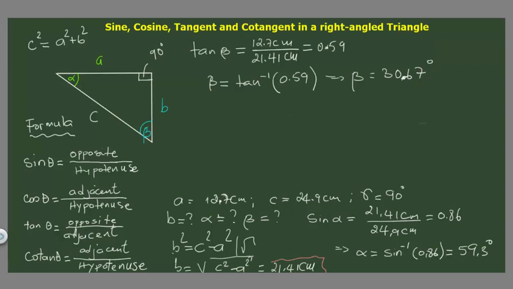To make a proof of everything, all you need is to add the angles, because we know that the sum of all the angles of a triangle is 180. So add all the angles we have together: 90 plus 59.3 plus 30.67.